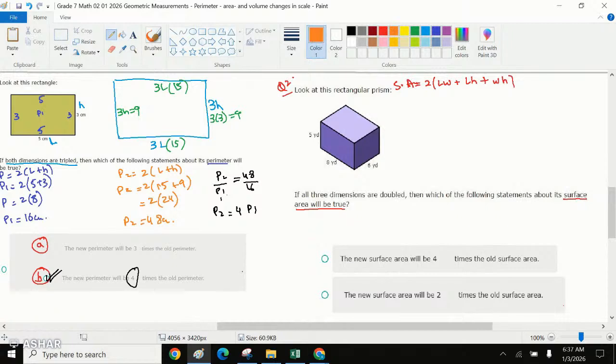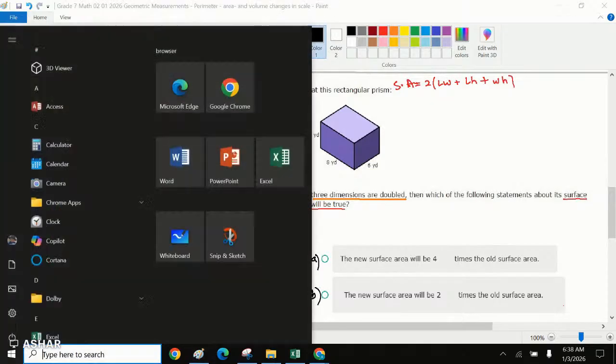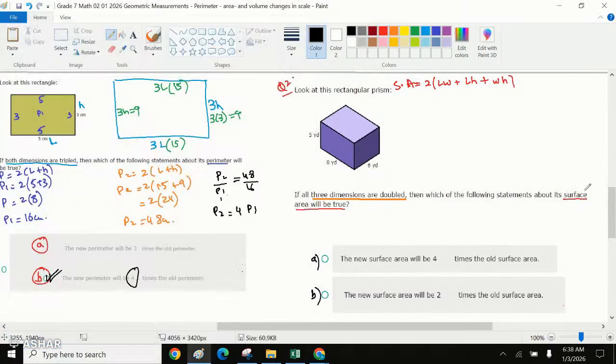I'll read the question. If all the 3 dimensions are doubled, okay, so what should be the surface area? Option A or option B? The easiest way is to make another diagram, or just suppose another diagram, right?